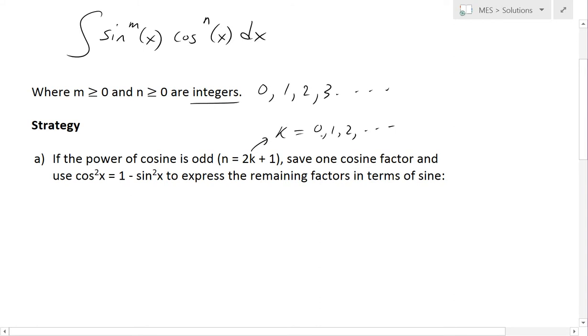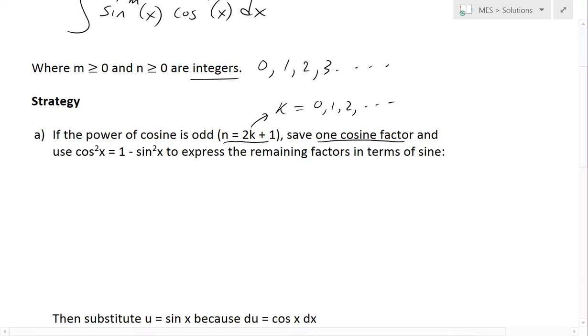If you put a 1, 2 times 1 plus 1 is 3. So you always get an odd number here. So if the power of cosine is odd, the strategy is to save one cosine factor and use cos squared x equals 1 minus sine squared x.